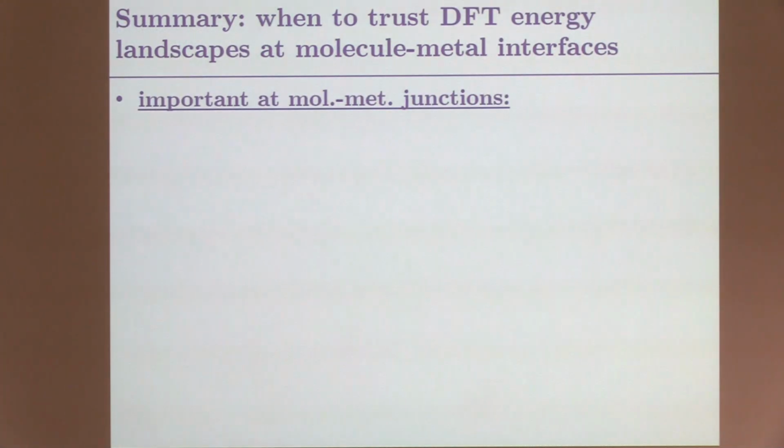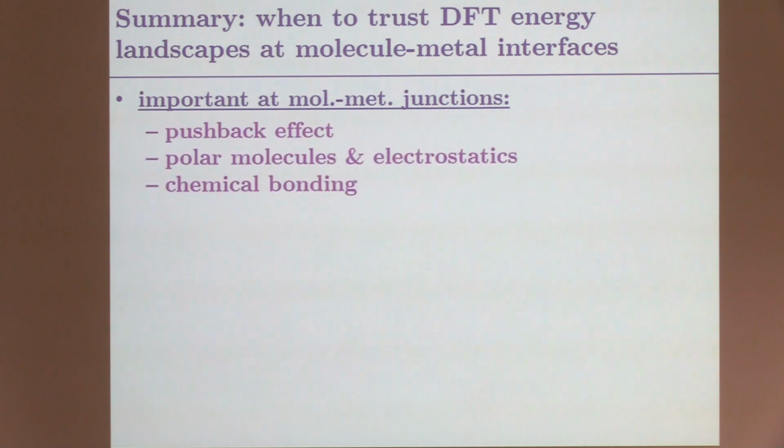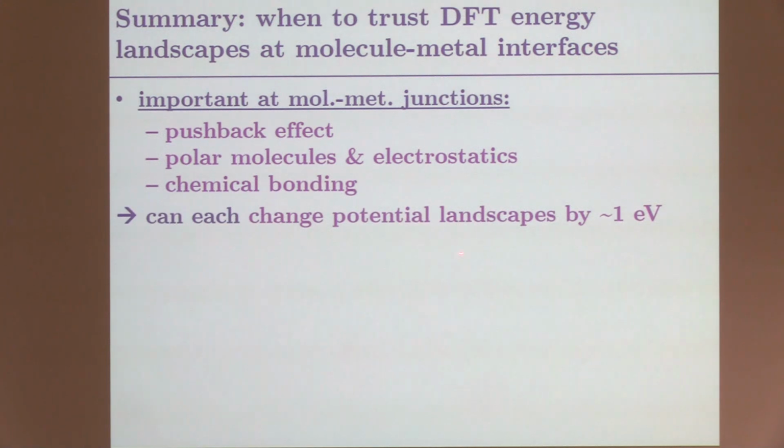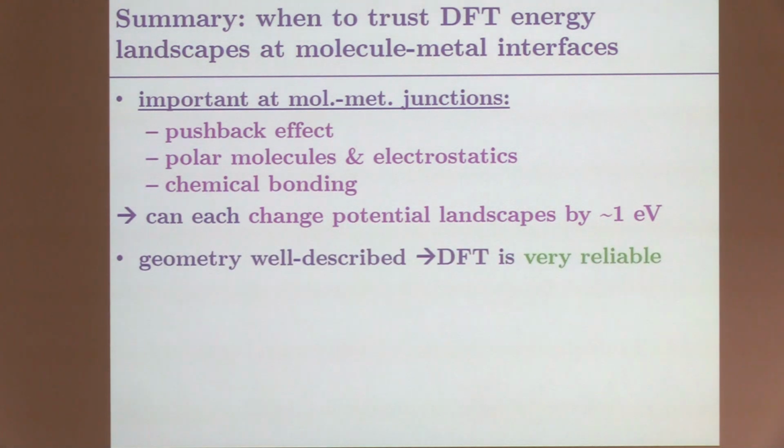All right, so to summarize: when can we trust density functional theory for computing electrostatic effects that shape the energy landscape in molecule-metal interfaces? Well, we have to account for important effects such as those. Each of them can change potential energy landscapes on the order of 1 electron volt, and how they play together is something that's interesting to reveal and understand if you'd like to control properties of molecules in monolayers.